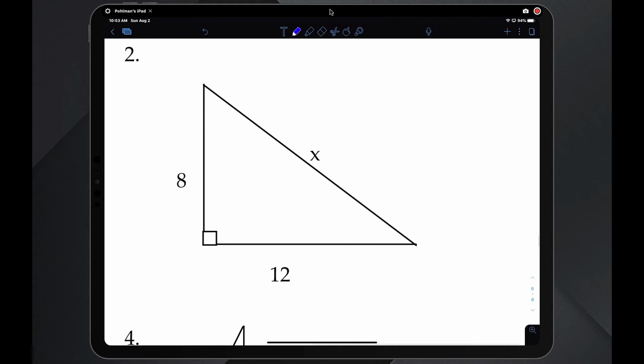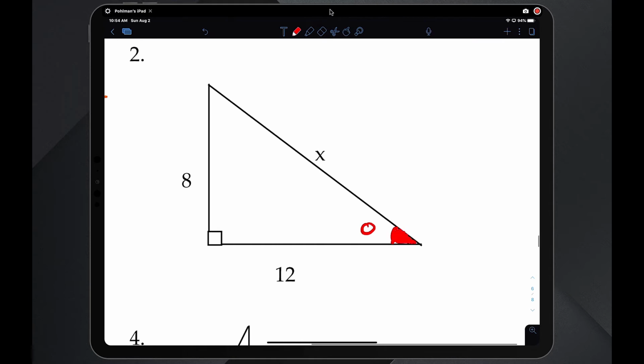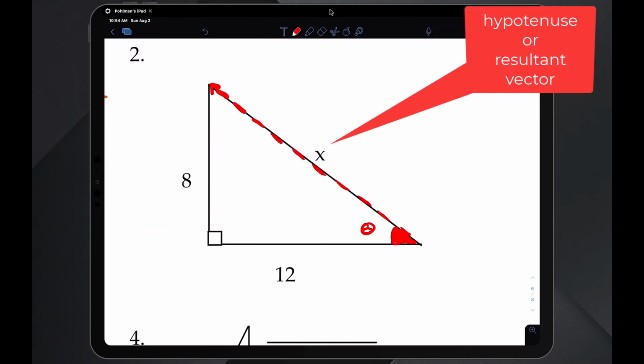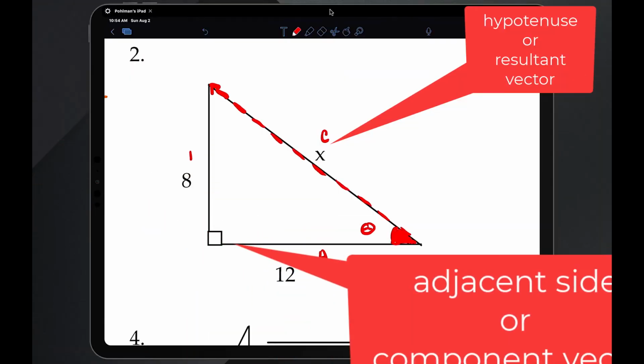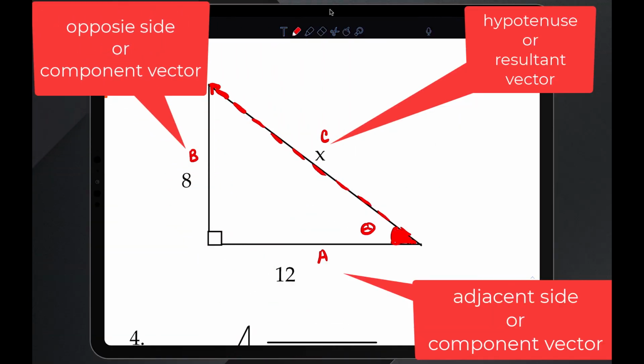Question 2. Let's say our angle is down at the bottom this time. If this is my theta, my angle, that's the point of origin, which means the longest side, the hypotenuse, is going to be the resultant vector. That again is side c. We'll call that side a and that side b.